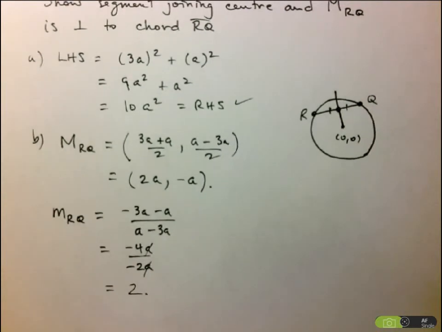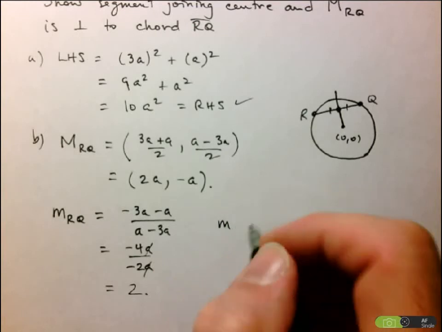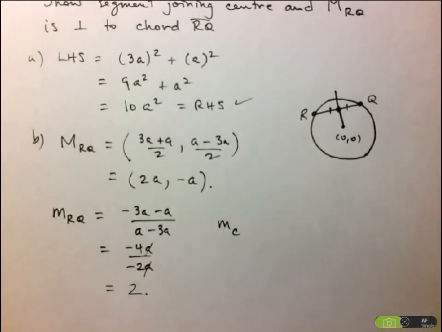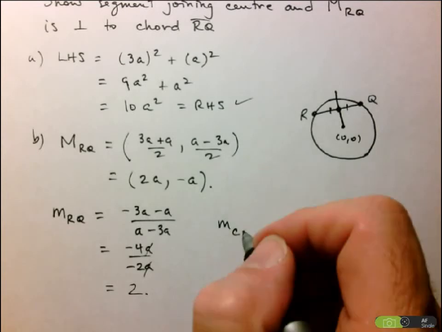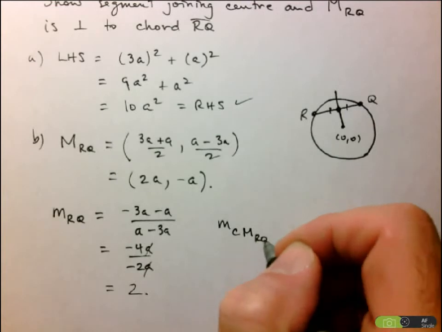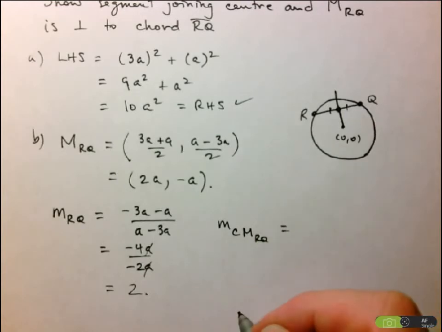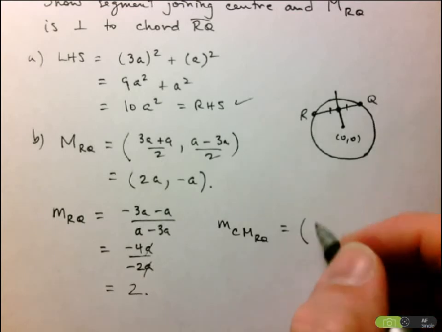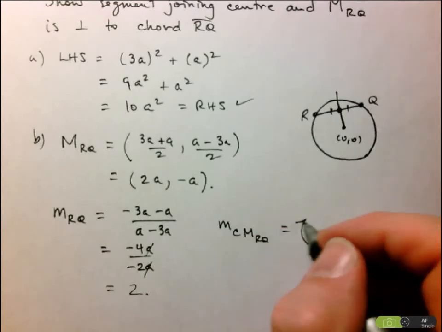Now let's find the slope joining the origin, so the center of the circle, and the midpoint of RQ that we found. Let's remind ourselves, there's the midpoint and 0, 0, so we're looking for the slope here.